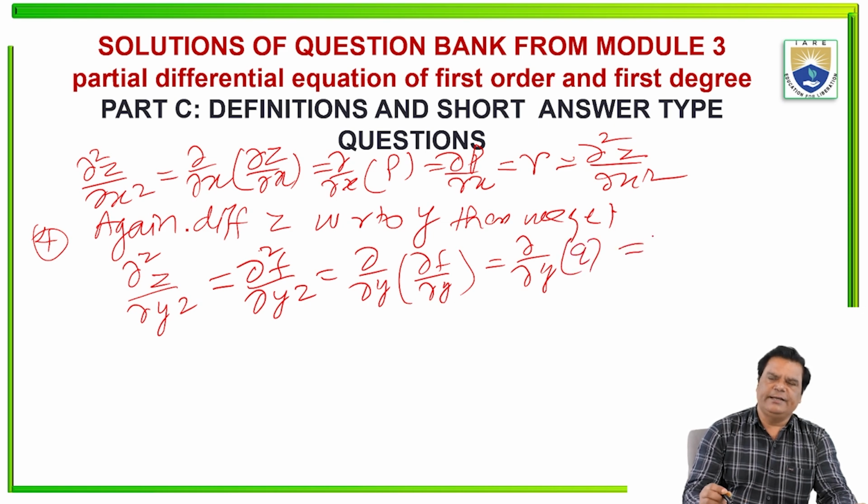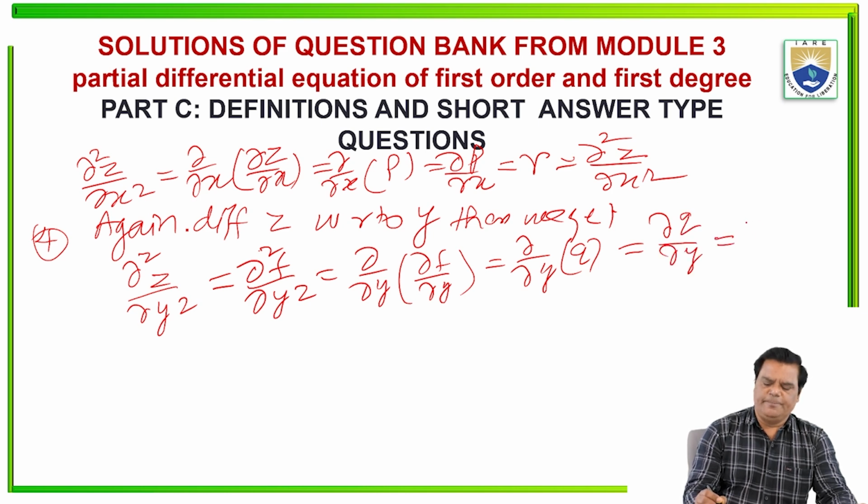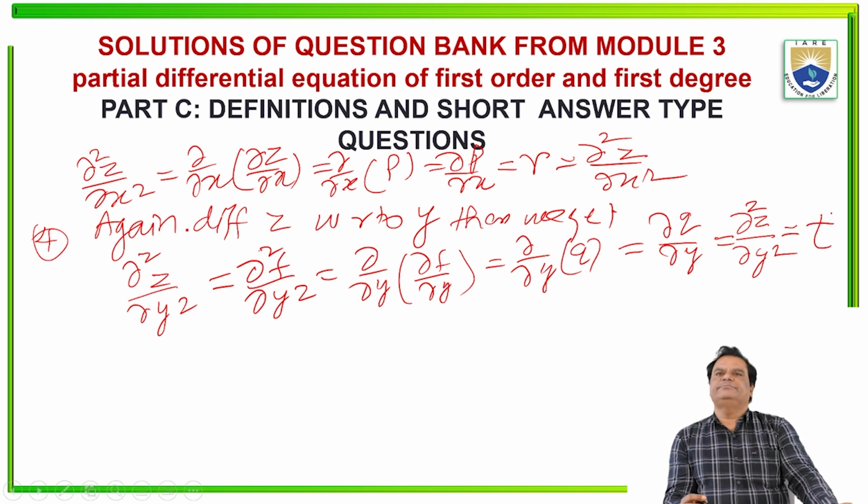Then we can write dou q over dou y. This is t. So dou 2 z over dou y 2 equals t.